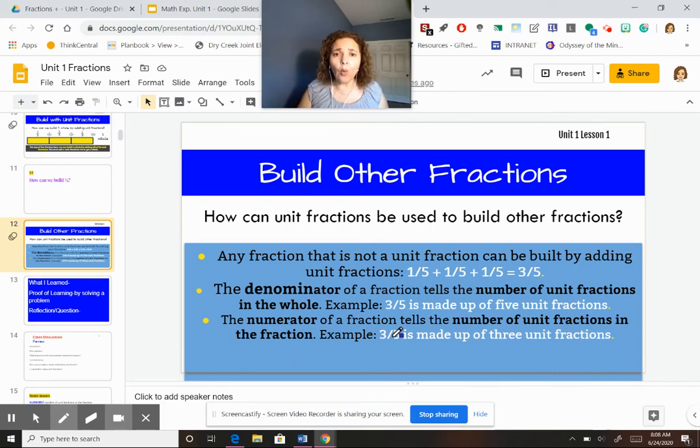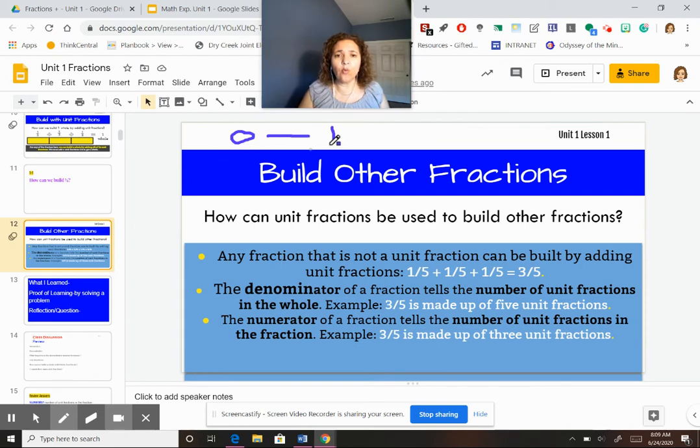Okay? One thing that I forgot to mention at the beginning is that a fraction is a number. It's a number between 0 and 1. I think this is showing it backwards on the camera, so I'll just do this.